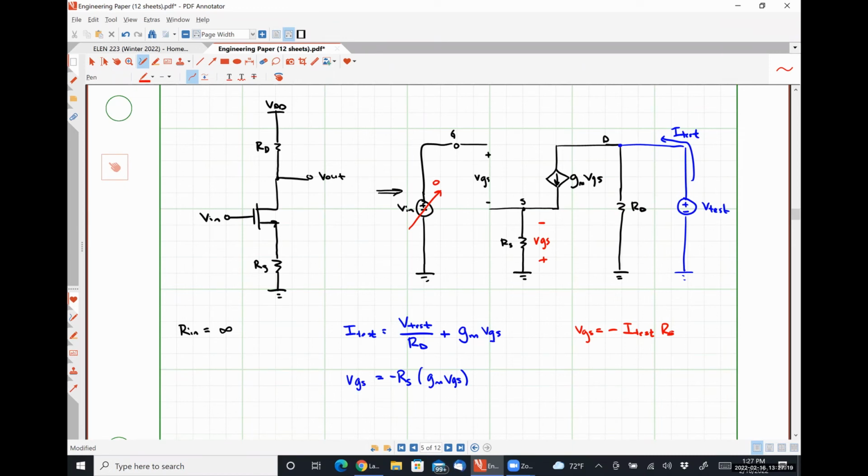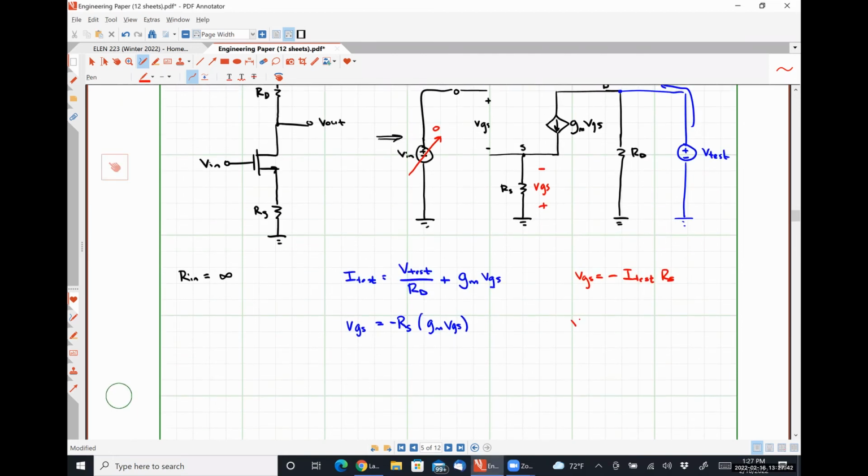Right? Okay, so that's the negative polarity terminal, that's the positive polarity terminal, so that is for sure VGS. So I could say, all right, let me do something here real quick. VGS over RS is equal to negative GM VGS. That's pretty much the exact same relationship that I had a moment ago, isn't it?